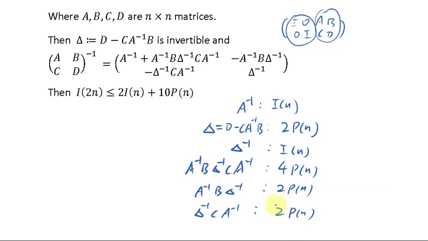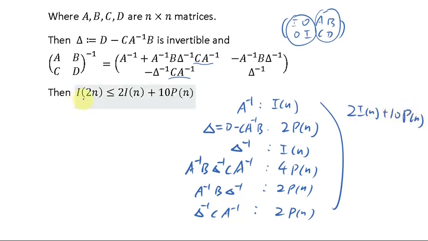We're actually overcounting the number of operations, because if you see that CA inverse and CA inverse, these two are common elements, so we don't actually need all of these, and adding them up gives you 2in plus 10pn. So I of 2n, which is the number of operations needed to find the inverse of this bigger matrix, is less than or equal to 2i plus 10p.